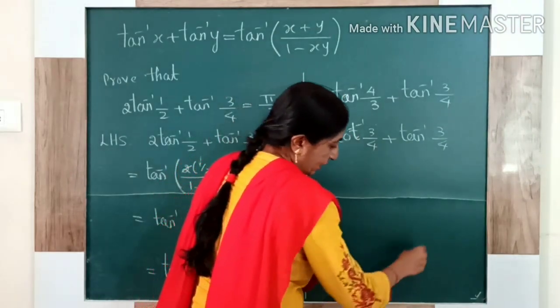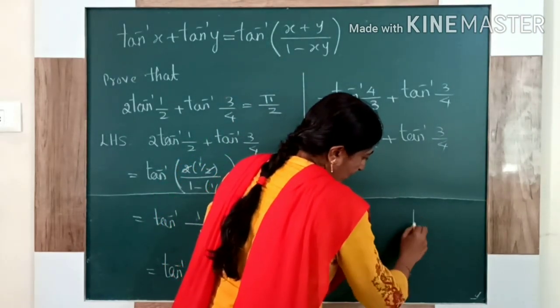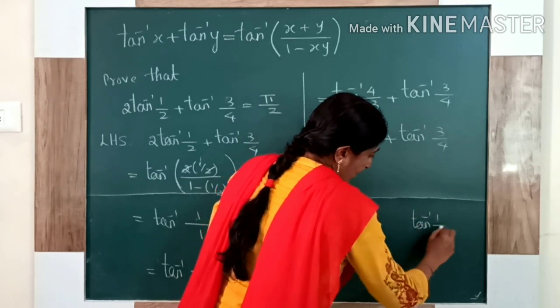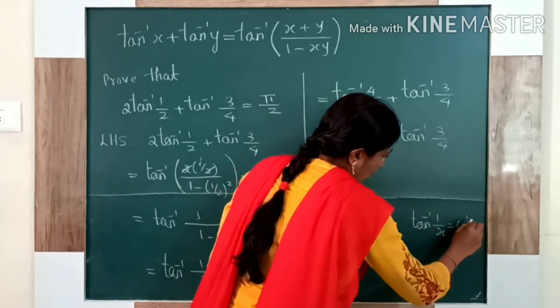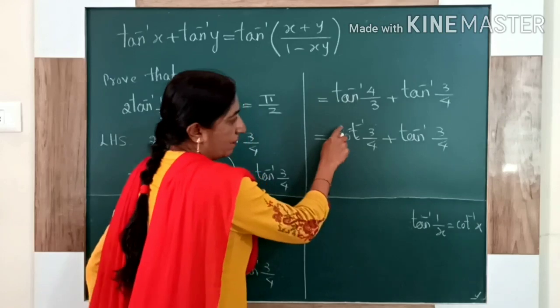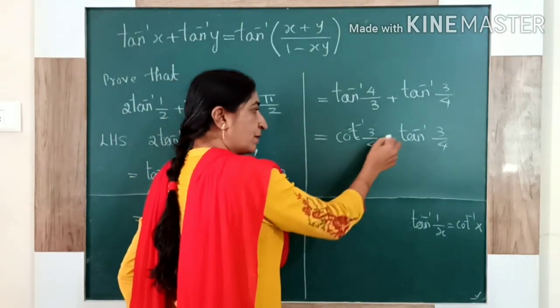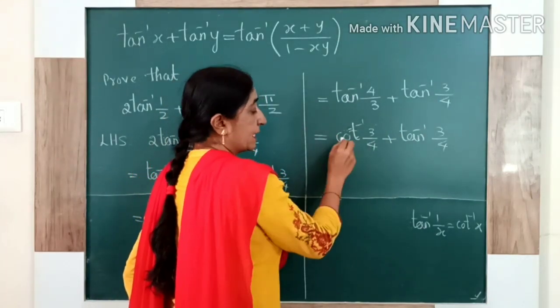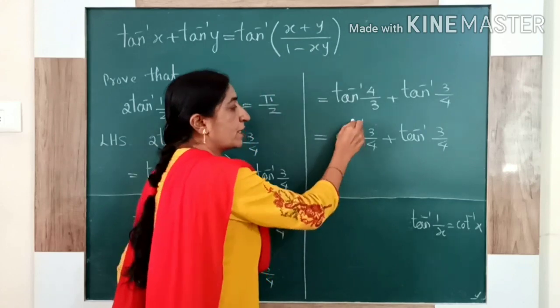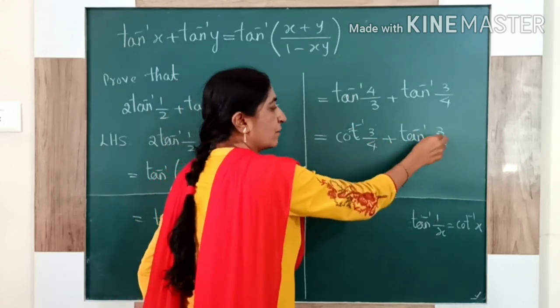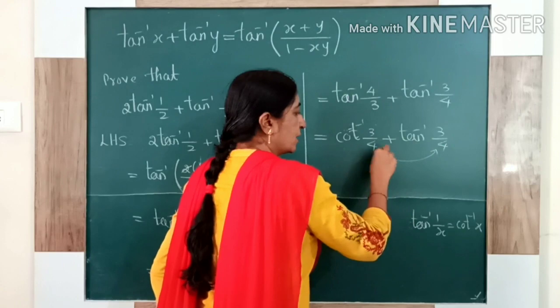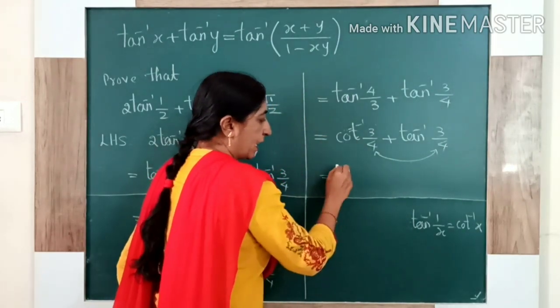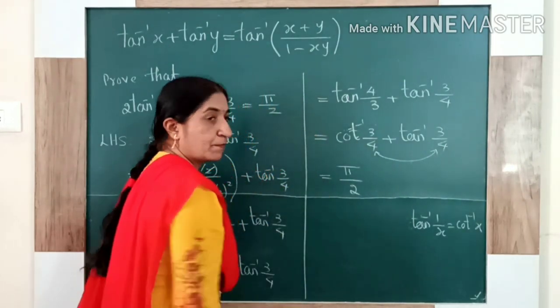In the first video we derived that tan inverse 1 by x is equal to cot inverse x. So I applied this. And one more formula is applicable here, in the form of cot inverse x plus tan inverse x. See, these two values are the same. Without calculations also you can directly write pi by 2.